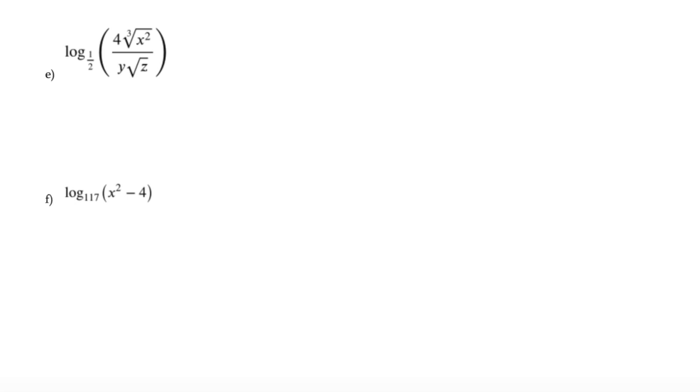So let's start off by, I don't have an exponent right away, so I'm going to get rid of the division utilizing the quotient rule. With log base half of 4 cube root x squared minus log base half of y square root z.